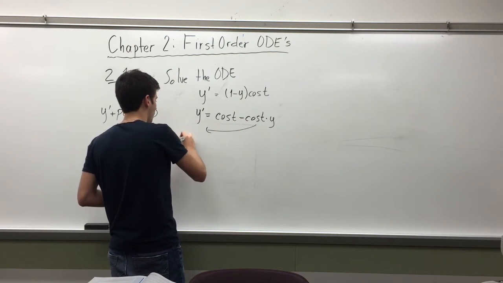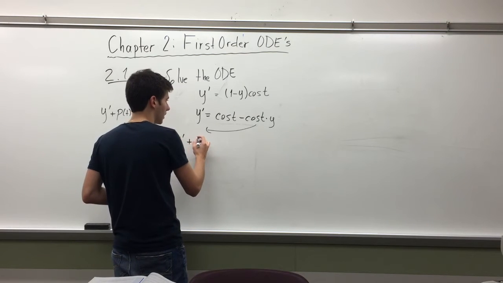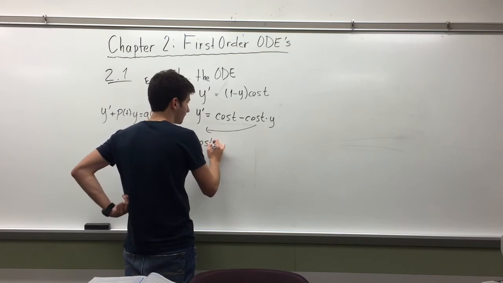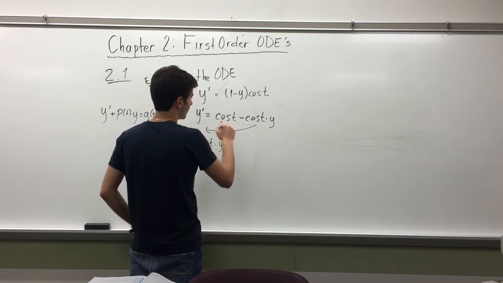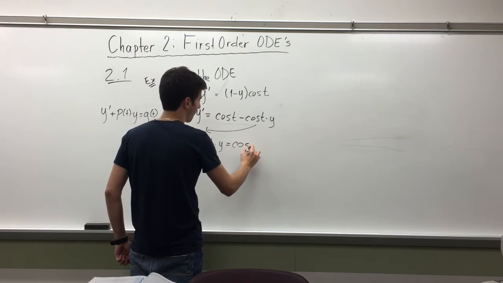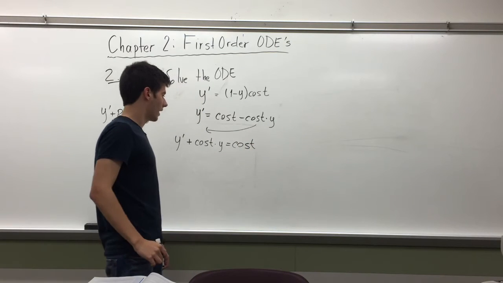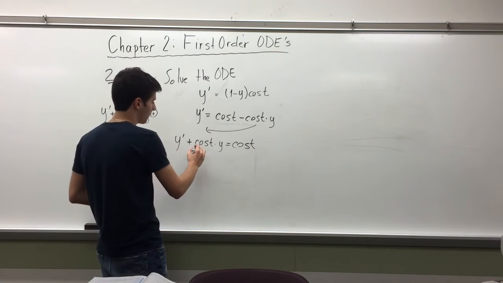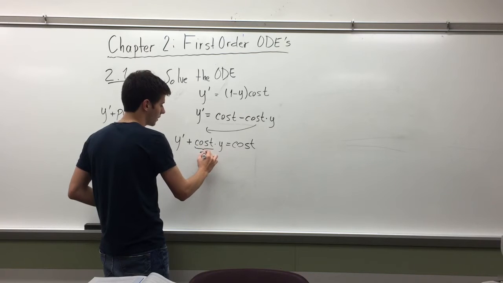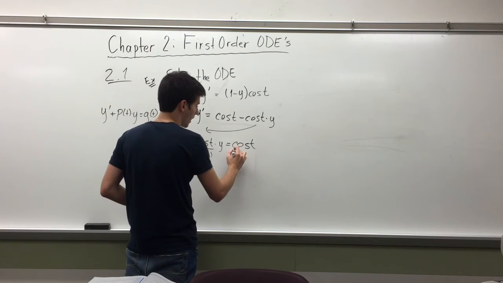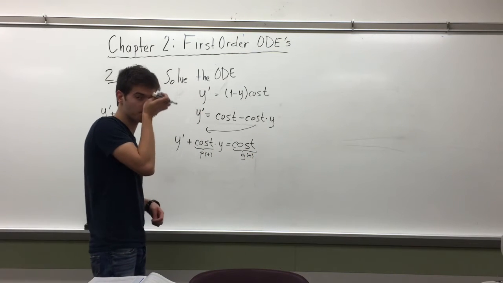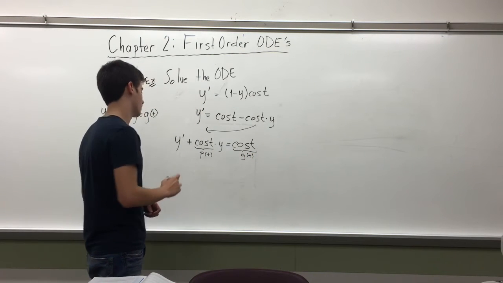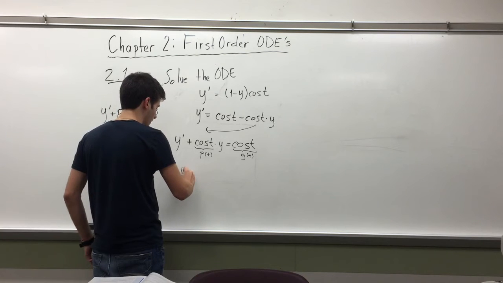So we're going to have y prime plus cosine of t times y equals cosine of t. And so our p of t here is cosine of t, and our g of t here is also cosine of t.